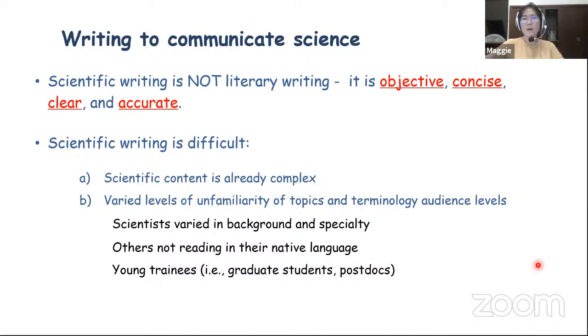So writing to make sure everyone can understand would be a tough job. And sometimes the general public may read your paper too. So for different levels of readers, you need to write very objective, concise, clear, and accurate scientific writing for everyone. That's not an easy job.